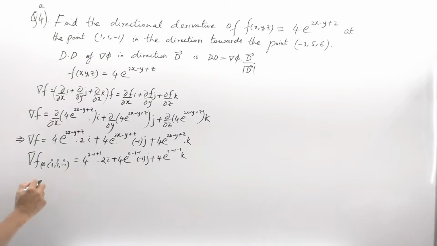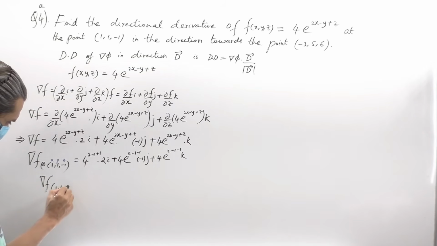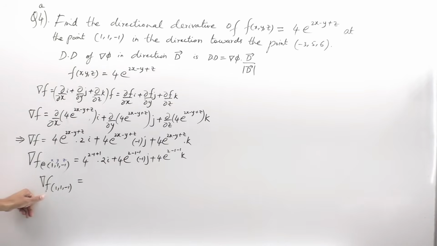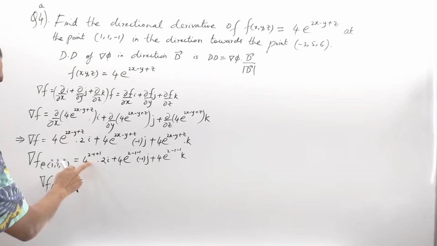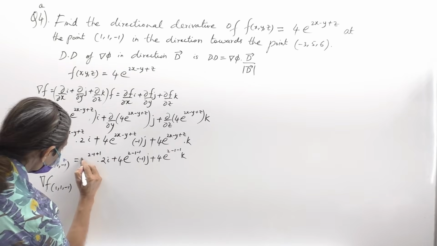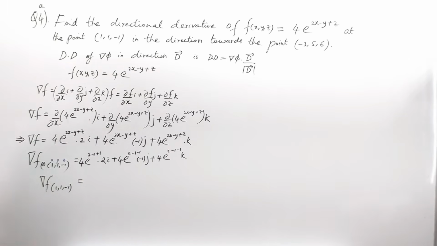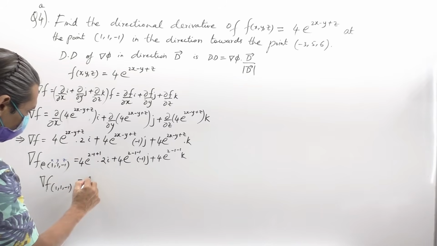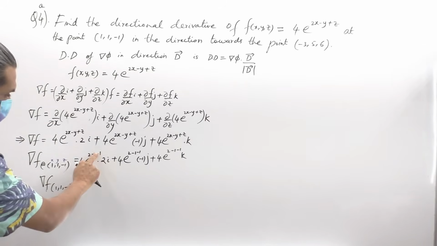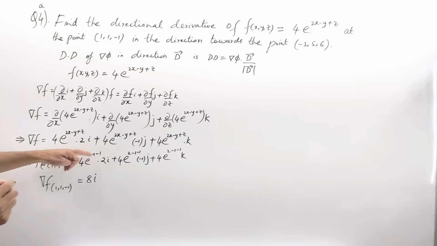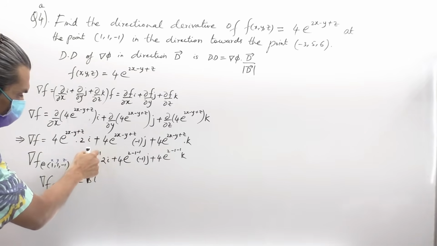So that will be now del f at the point 1, 1, minus 1 is equal to 4 into e raised to, so it will be 8i. Why? Because e raised to 2 minus 1 1, okay, this is 2 minus of minus 1. So 2 minus 2 is 0.